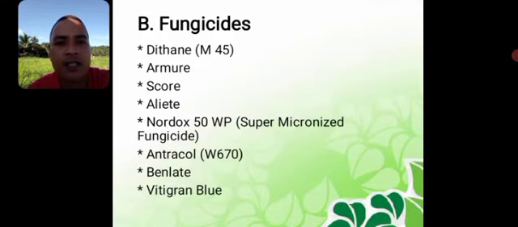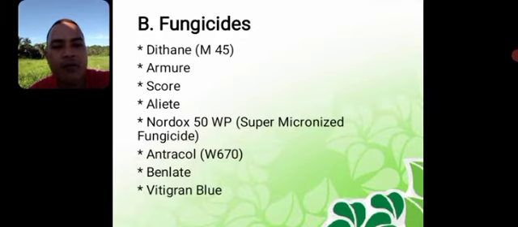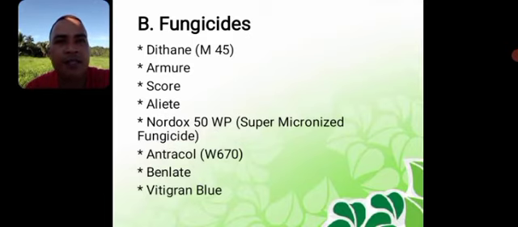Let's come to the fungicides and their active ingredients. First is Dithane, or M45. It is a contact fungicide with high protectant activity to control a wide range of fungal diseases. It has been registered for use on dozens of crops for more than 50 years.